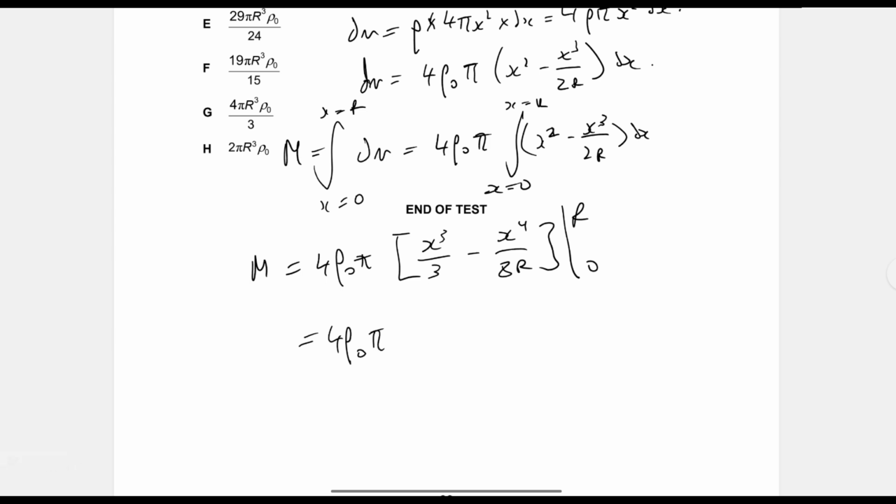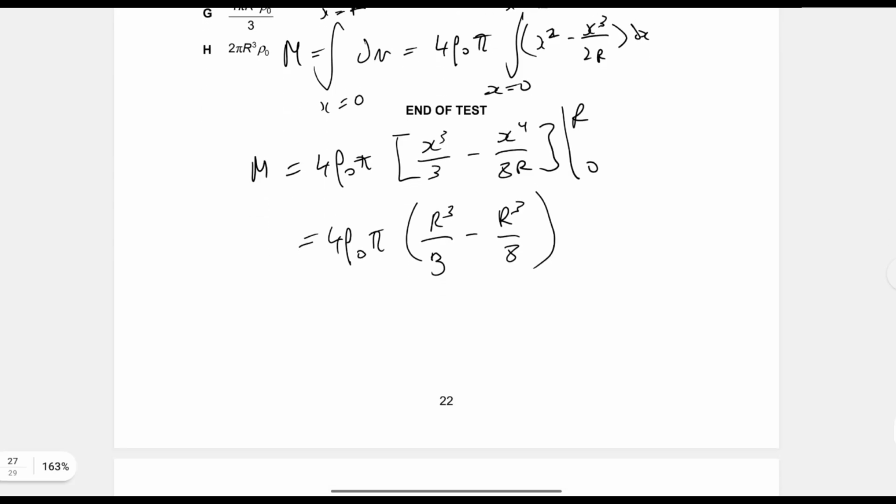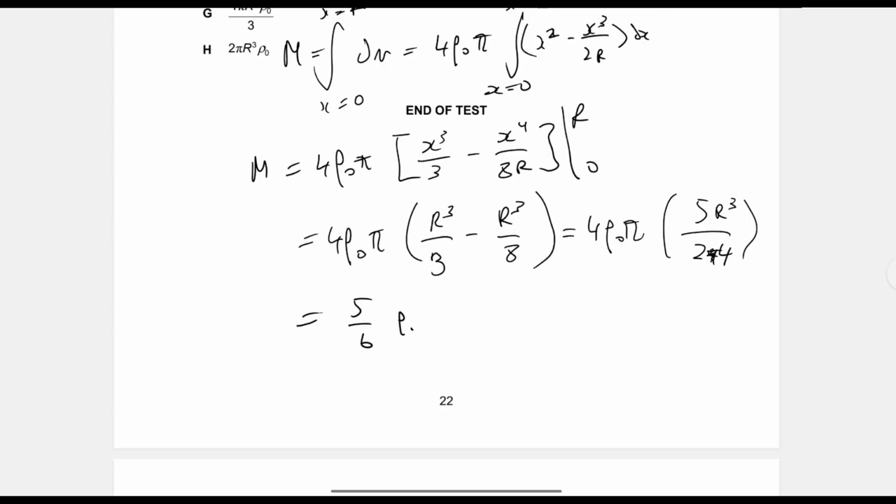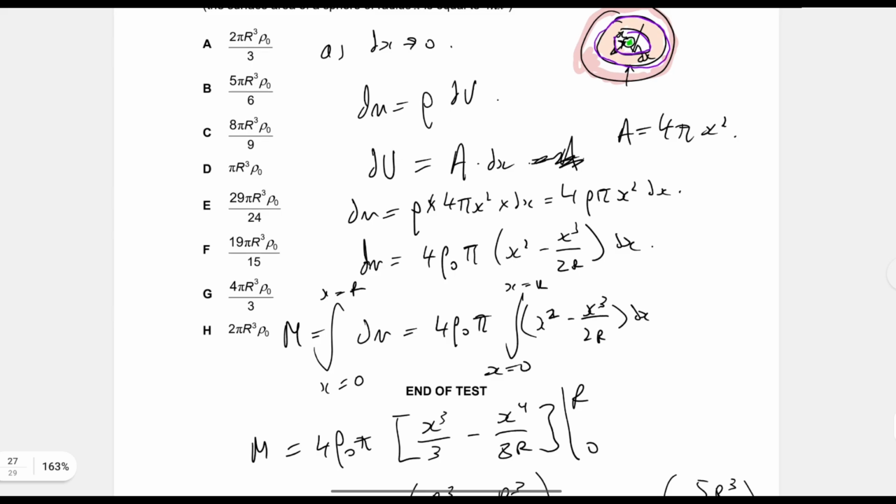That's 4 rho naught pi times r cubed over 3 minus r cubed over 8, minus 0. So that's going to be 4 rho naught pi times 5r cubed over 24, which is going to be 5/6 rho naught pi r cubed. Is that an option? Yes, B.